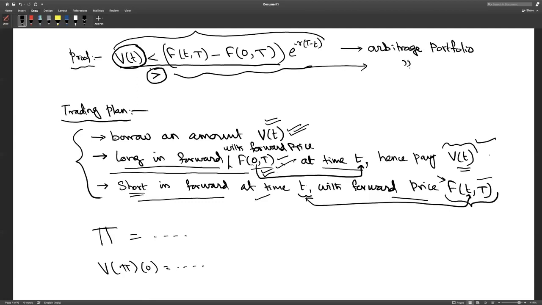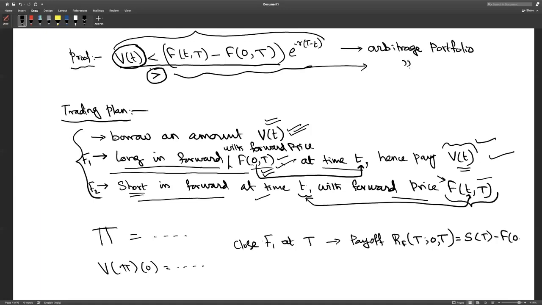When you close this long position, what is your payoff? You are closing at capital T. Let me call this F1 and F2. You are closing the long position F1 at capital T. What is its payoff? The payoff is R_F(T; 0, T), and that is nothing but, since it's a long position, S(T) minus F(0, T).